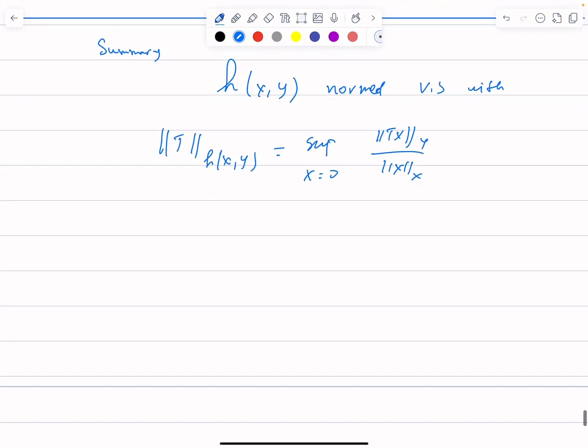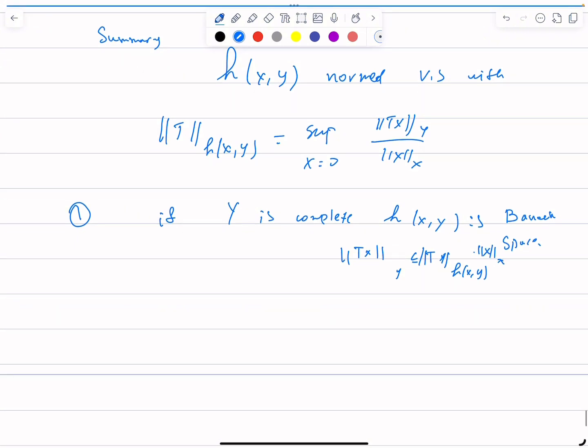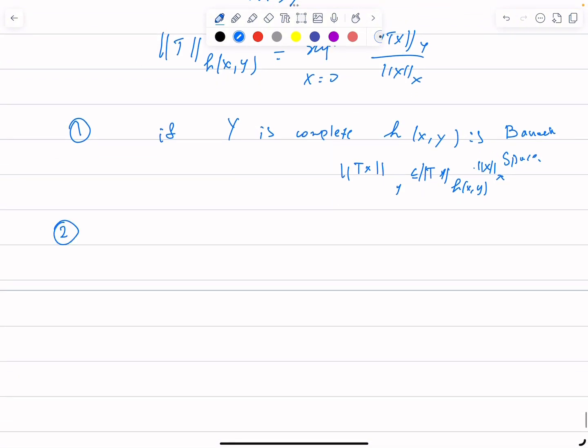So first thing, if Y is complete, L(X,Y) is complete, so it's a Banach space. The norm of Tx in Y is less than or equal to the norm of T in L(X,Y) times the norm of x in X.